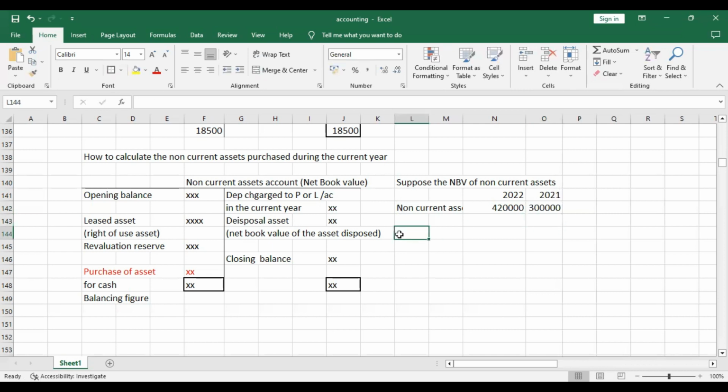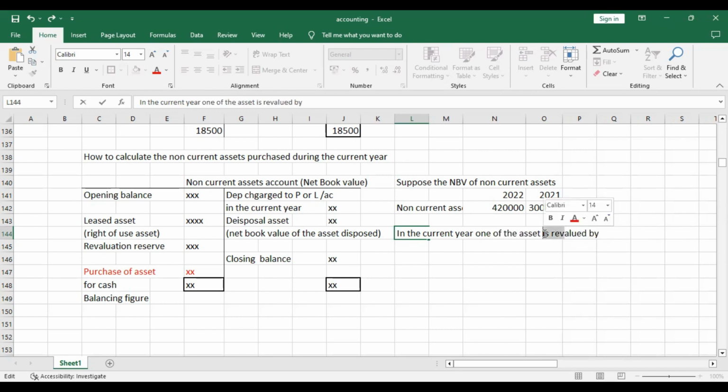Then apart from that, they also told very clearly that in the current year one of the assets is revalued by 25,000.